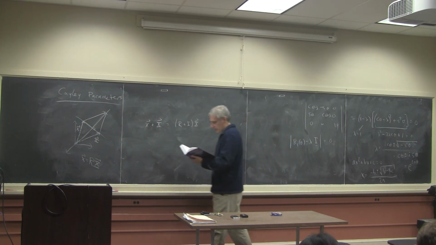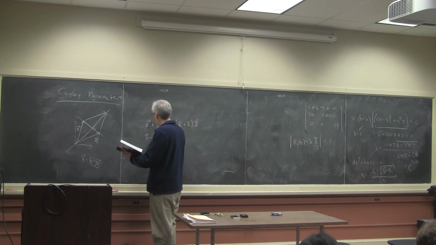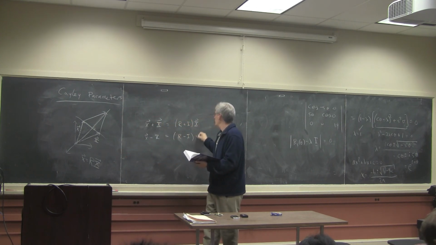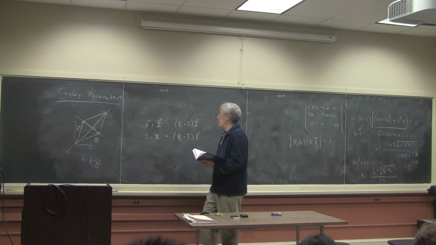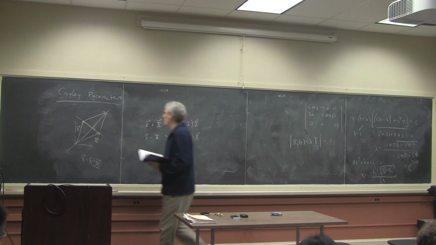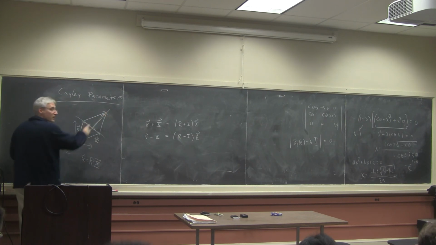Okay? And if we take little x minus capital X, then that's going to be equal to r minus the identity times capital X. Okay? So far, so good. Now, the thing is that little x plus capital X actually defines this vector right here.